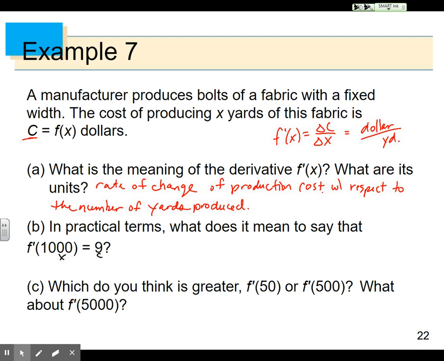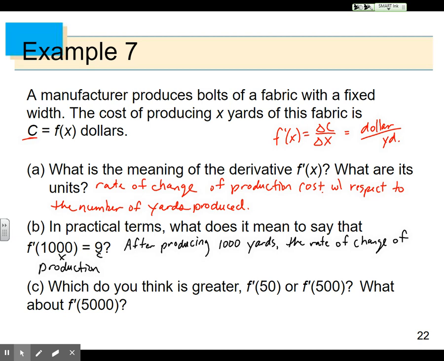So x is my yard, so I could say after producing 1,000 yards, the rate of change of production cost increases $9 per yard.